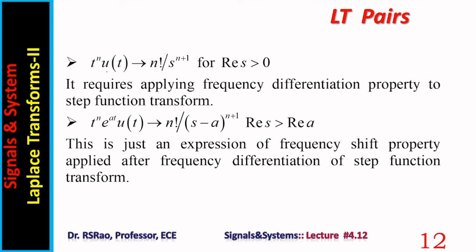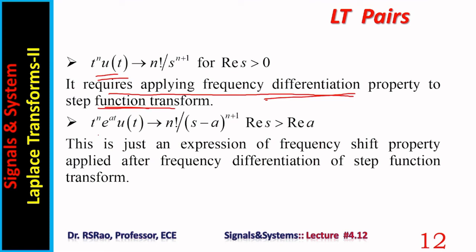Another signal we consider t power n u of t. Laplace transform of t power n u of t can be shown as n factorial by s power n plus 1. How to get it? Here the procedure is given. It requires applying frequency differentiation property to step function transform.